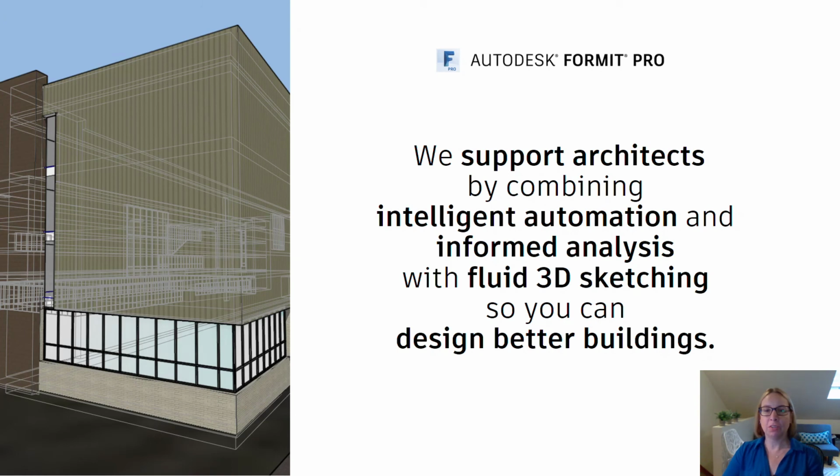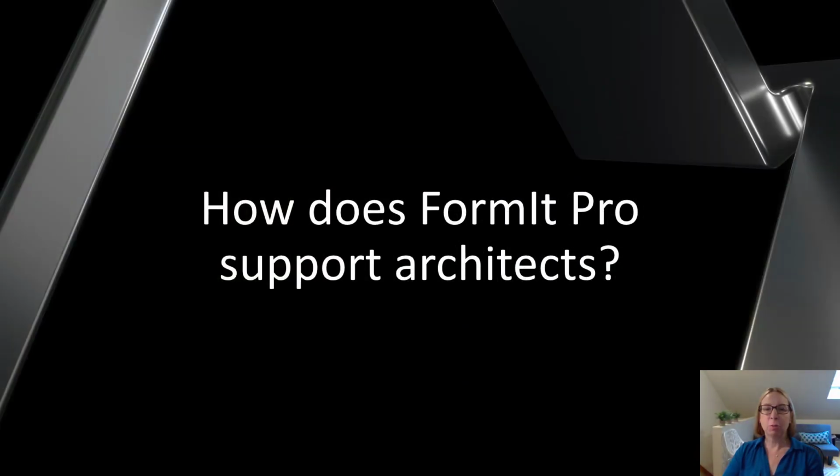Autodesk and FormIt have a mission to support designers and architects by combining intelligent automation and informed analysis with fluid 3D sketching so you can design better buildings. So how does FormIt Pro support architects and designers in their pursuit of better buildings?